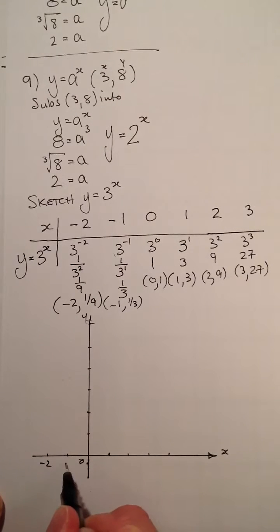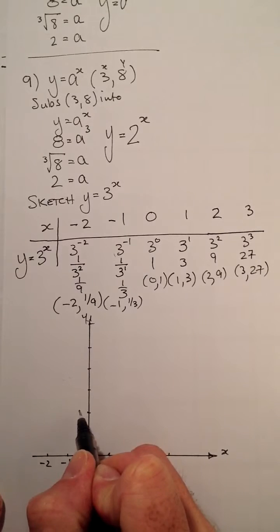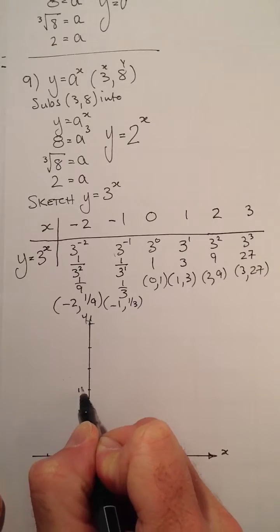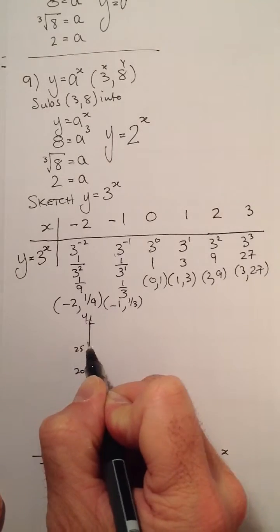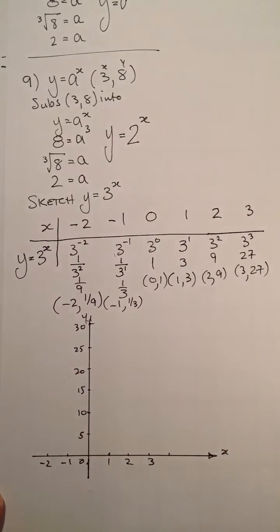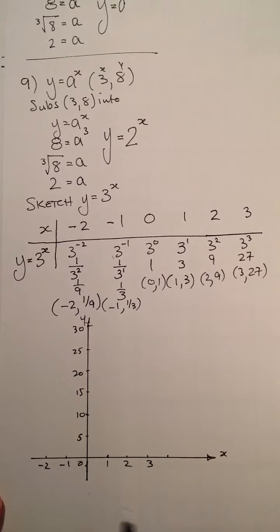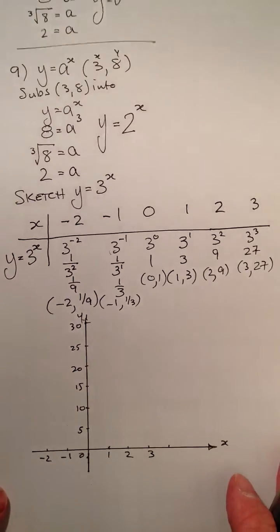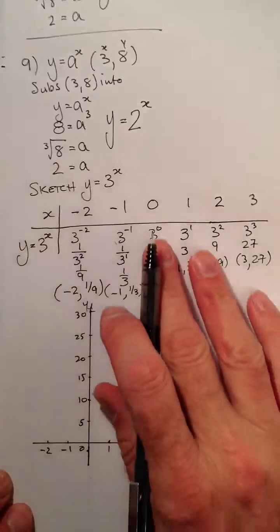So I've got -2, -1, 1, 2 and 3 along the x-axis, and going up in 5s, I'll go 15, 20, 25 and 30, going along in 1s in the x direction.